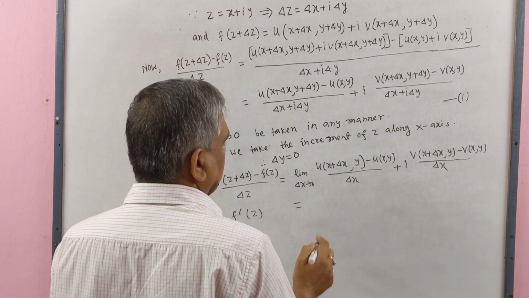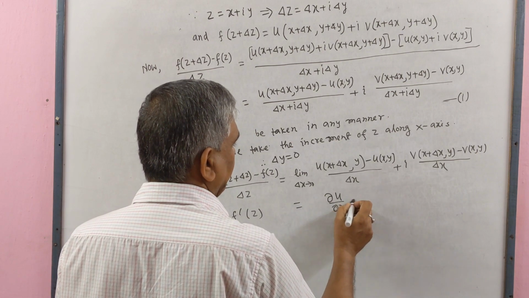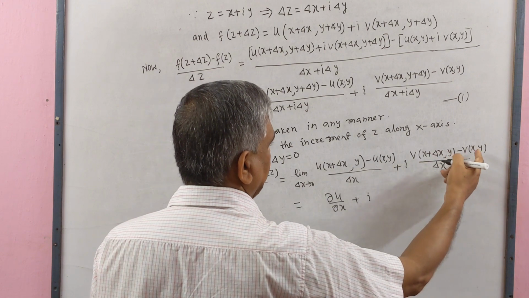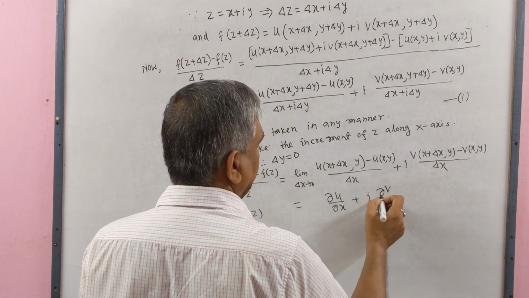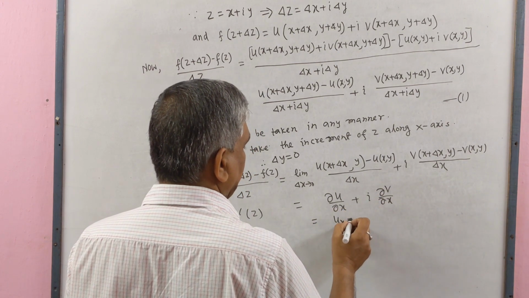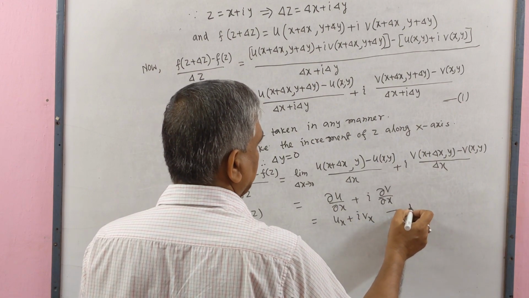So we may write this del u by del x plus i, here also we see that y remains same, only change in x, i del v by del x, that is ux plus i vx. This is number 2.